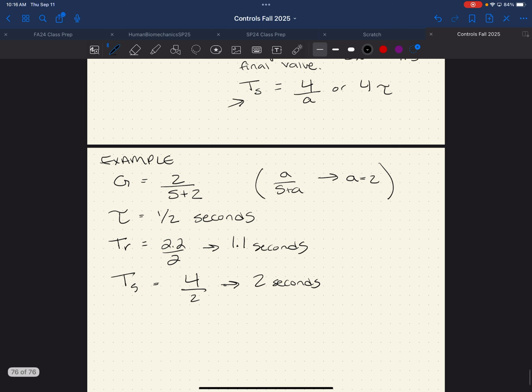So if I were to say maybe G, what if I have a transfer function that is a little bit harder to make it look like our formula here? What if it were maybe G equals 1 over S plus 2? I don't have the A in the top and the A in the bottom. They're different. What can I do? I can multiply by 2 over 2.